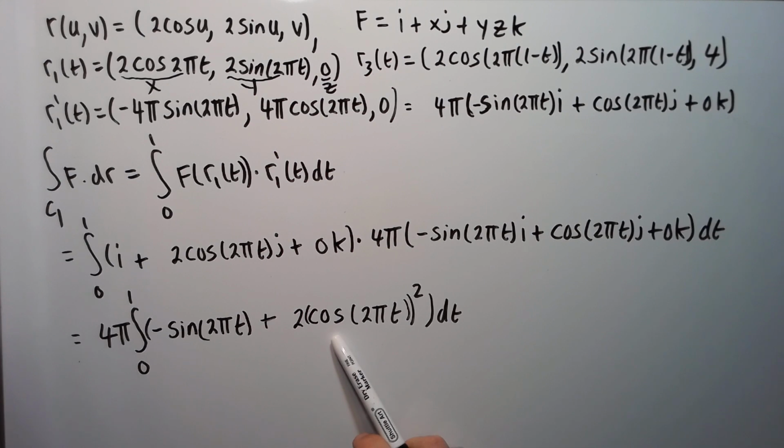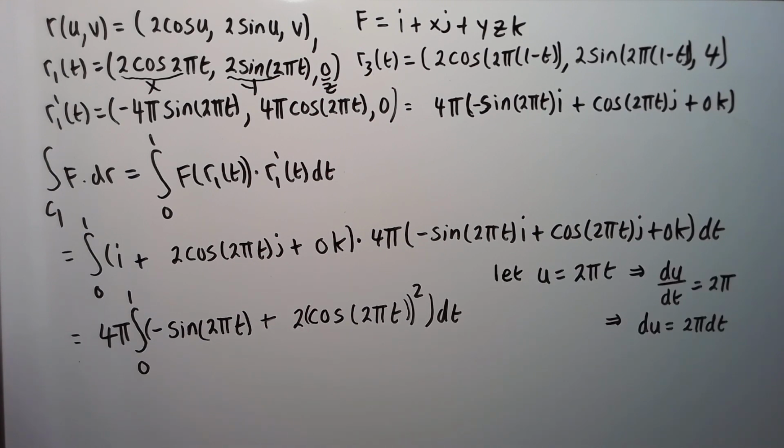Now I'm integrating cosine squared, so I'm going to have to make a substitution here. Actually, before doing that, let me make another substitution just to make it a bit easier. Let u equal 2 pi t. Then du/dt would be 2 pi, so du would be 2 pi dt. And I can notice here, I can bring a 2 pi inside.